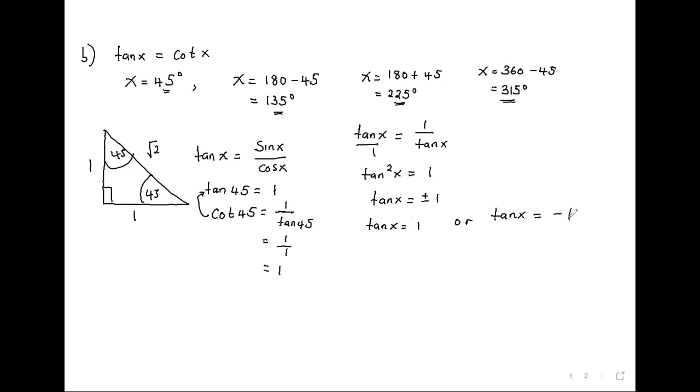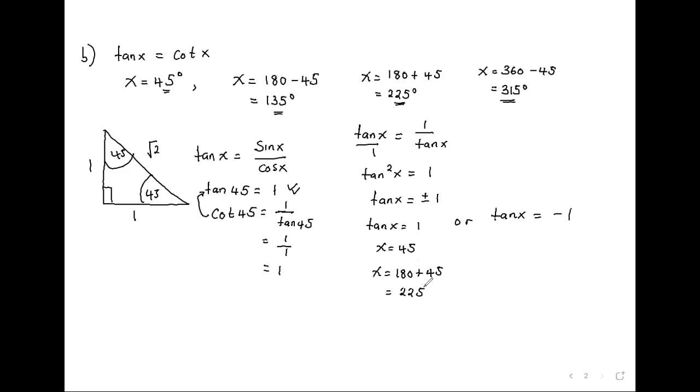So tan x is 1, positive in the first and third quadrants. In the first quadrant, x is 45. That's where tan is 1. In the third quadrant, it's 180 plus 45, which is 225. Tan is negative in the second and fourth quadrants.